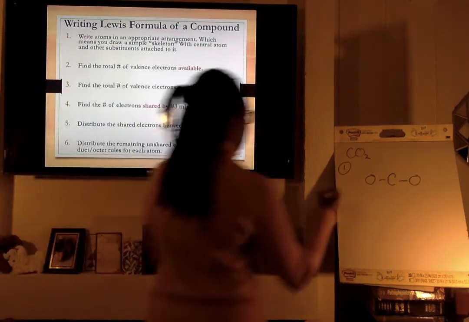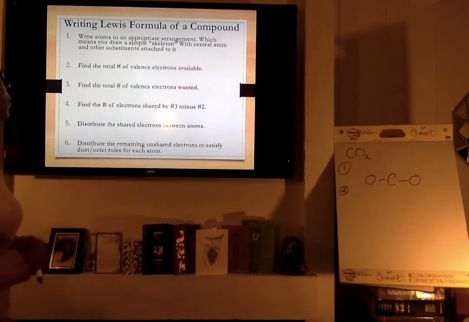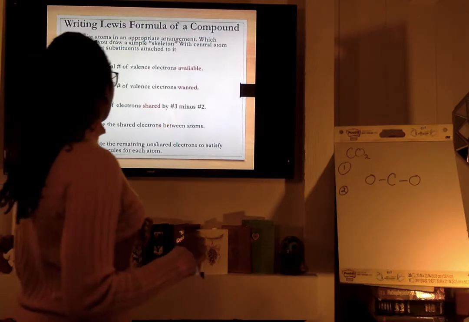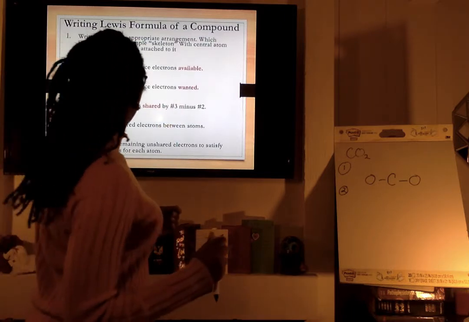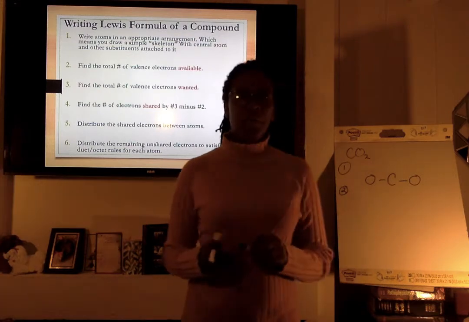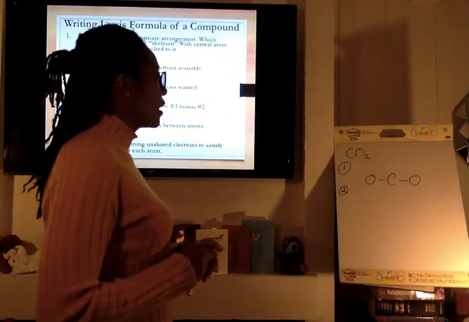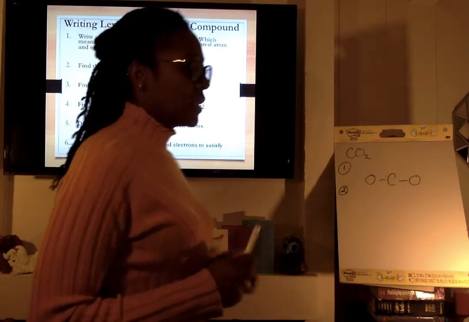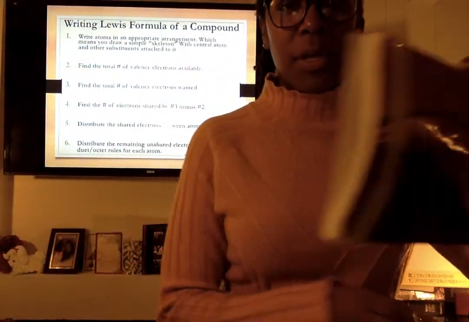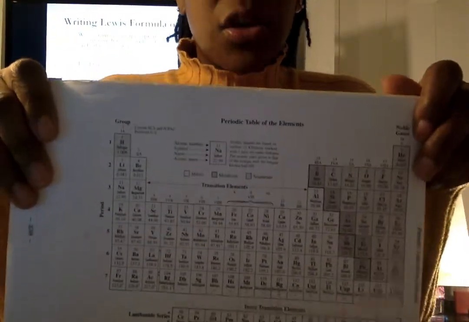And then the second step is to find the number of total valence electrons that are available. Remember how we used the periodic table in order to find the valence electrons for certain atoms.